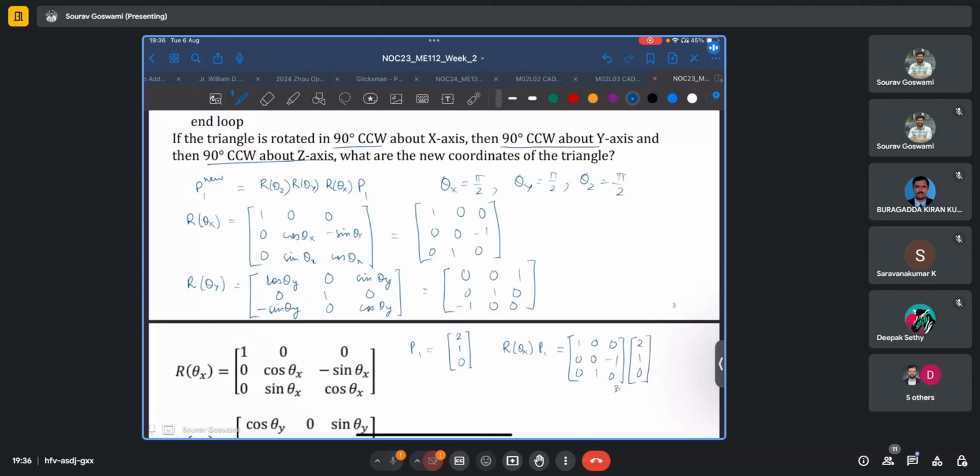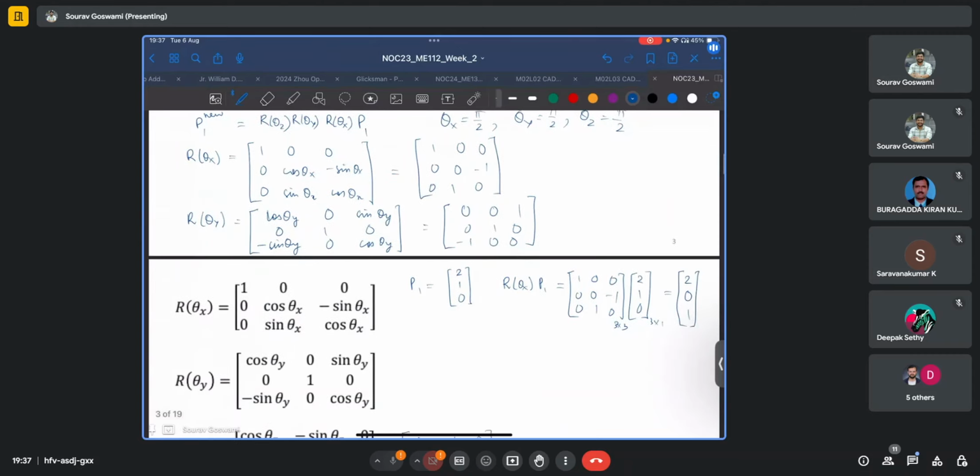This is 3 cross 3, this is 3 cross 1, so the product will be 3 cross 1, and we have 2, 2 into 1 plus 1 into 0 plus 0 into 0, which is 0, and 2 into 0 plus 1 into 1 plus 0 into 0, which is 1. So we get 2, 0, 1. We next multiply this with our R theta y.